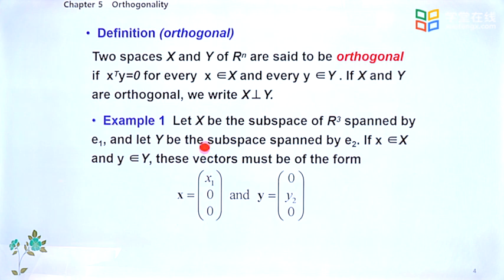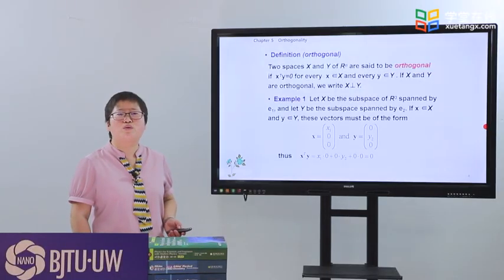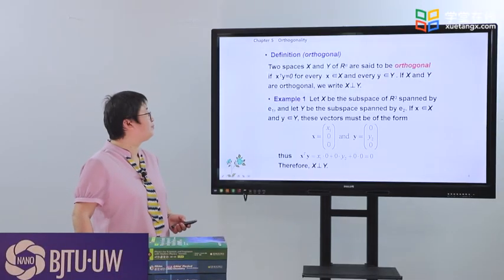So x is in this form, x1, and the second and third coordinates are 0. And y has only the second component, y2, and other components are 0. Thus we have x transpose y equals x1 times 0 plus 0 times y2 plus 0 times 0 equals 0. Therefore, these two sets X and Y are orthogonal.